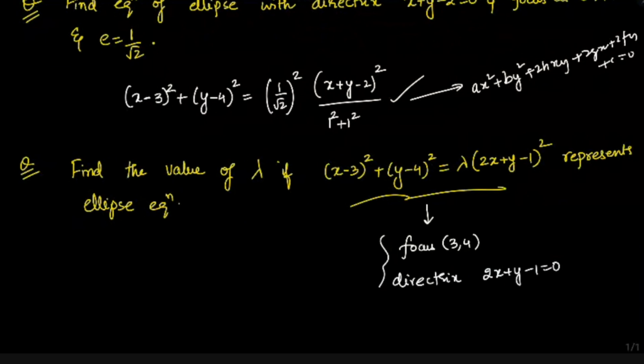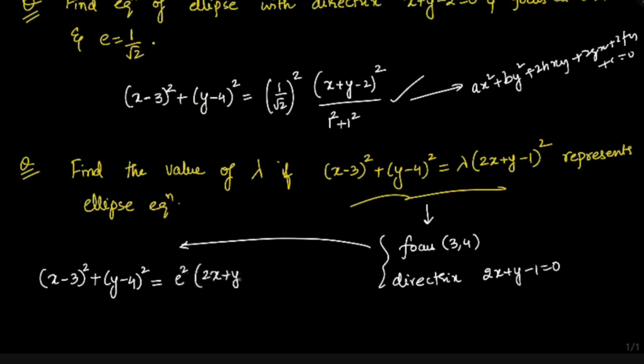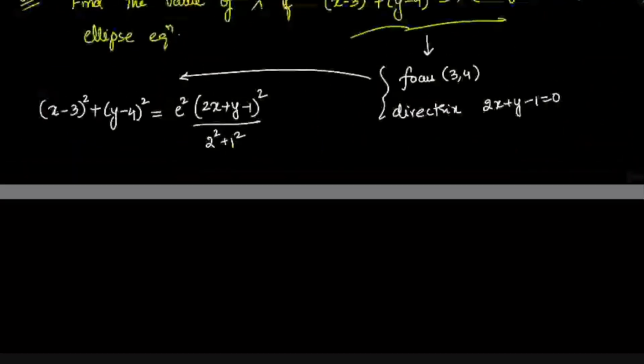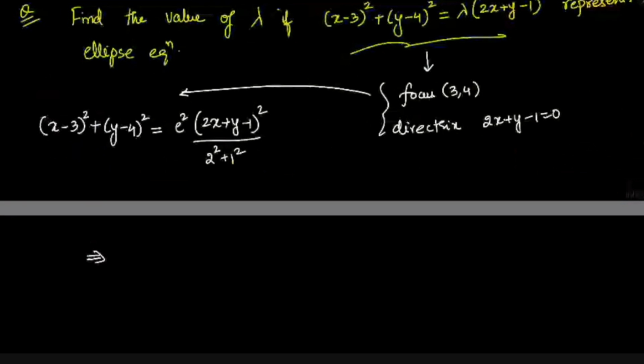So if this is the focus and this is the directrix, the ellipse equation should be (x minus x-coordinate of focus) square plus (y minus y-coordinate of focus) square equal to e square into the directrix expression whole square divided by 2 square plus 1 square. So what is lambda? Upon comparing, what is lambda? 5.